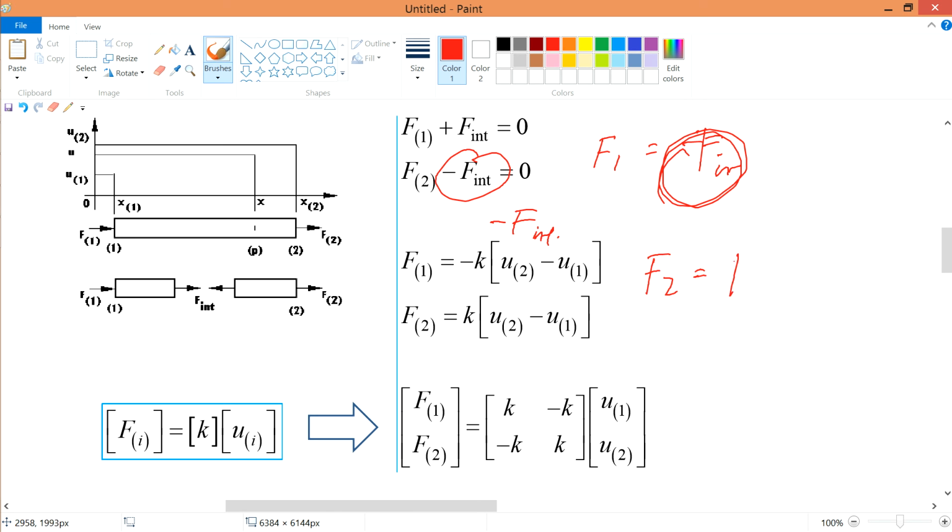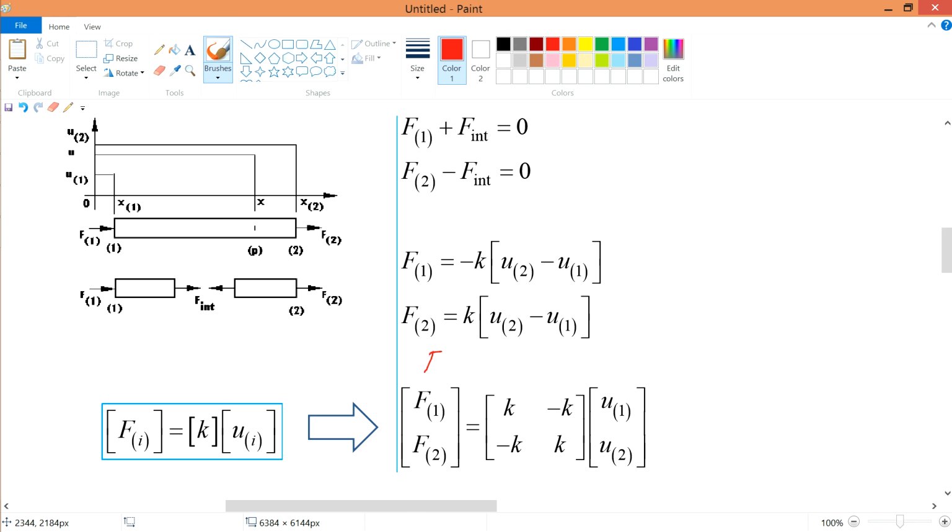F2 equals F internal, which we have shown is K(u2 minus u1). So you rearrange and put it in the matrix, and you have force equals the K matrix times your U, where K is equal to EA over L. If you factor out K, you'll have EA over L and then a series of 1, minus 1, minus 1, 1.